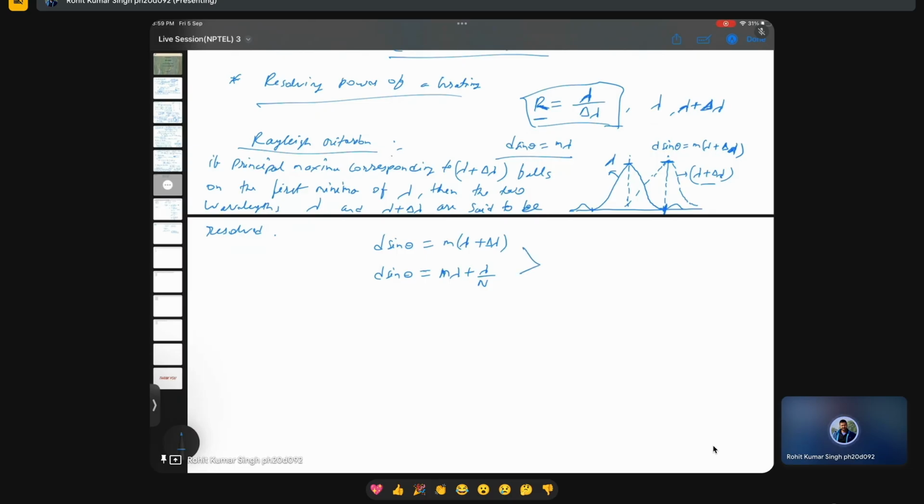So these should be simultaneously satisfied. If you equate these two, you will see that these cancel, and R equal to lambda by delta lambda is nothing but m times n. So here also you see the resolving power is directly proportional to the number of slits.